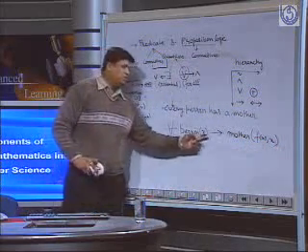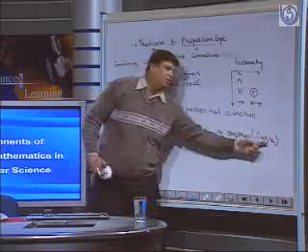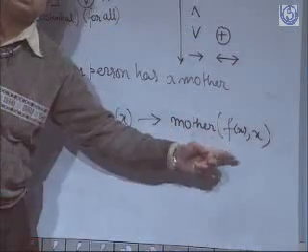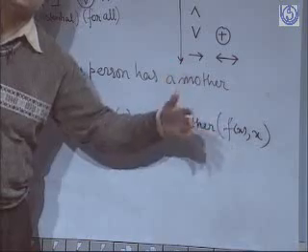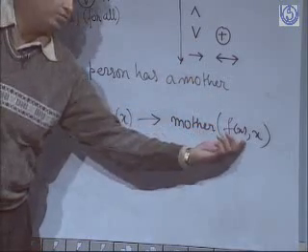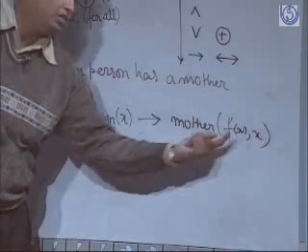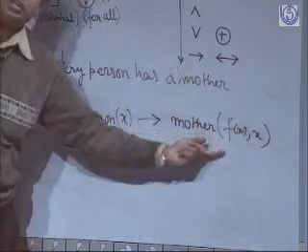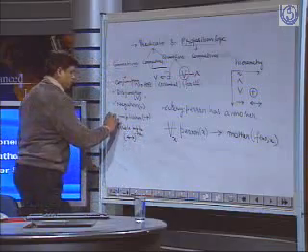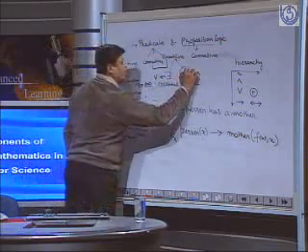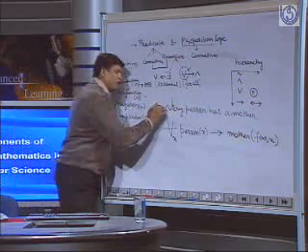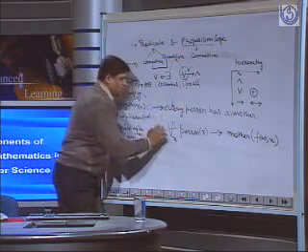X is a person, this implies f(x) is mother of x, because mother herself is a person, she is also having a mother and her mother is also having her mother. So person should be a function part where the function has a relation mother with x. Now this function is recursive, and here we had taken care of the connective implication and the quantifier for all. That's how we transform the English statements into mathematical statements.